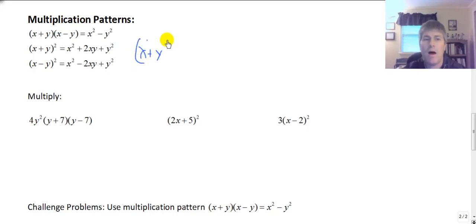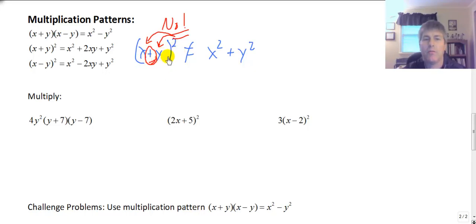X plus y squared is not equal to x squared plus y squared. Because it's addition and subtraction, that is a big no-no. You may not do that because we're adding inside the parentheses here.